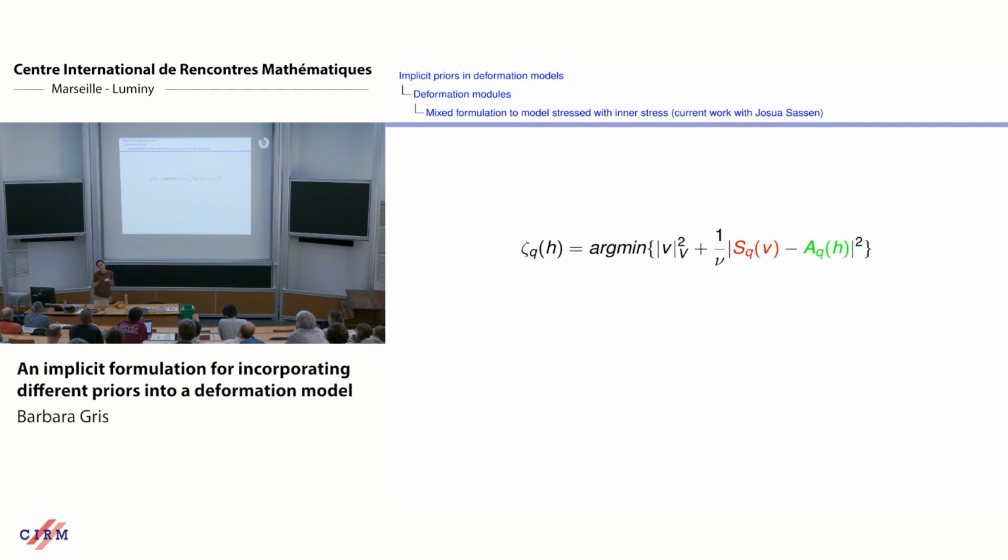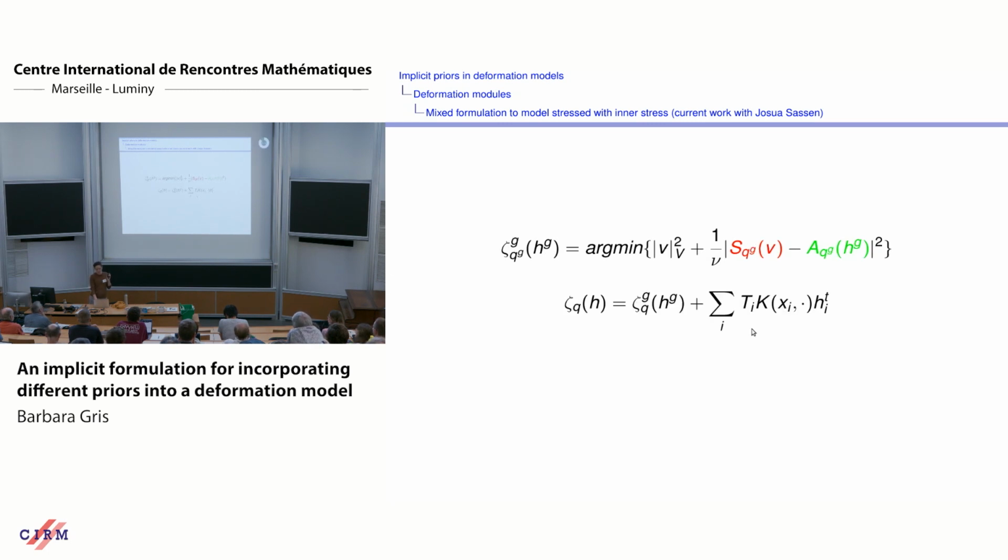So we want to incorporate this kind of noise and this kind of possibility of generating multiple patterns, even with a growth that is of dimension 1. This is a joint work with Joshua Sassen. I will not go too much into detail, but what we did is that we now use a field generator that is the sum of two terms.